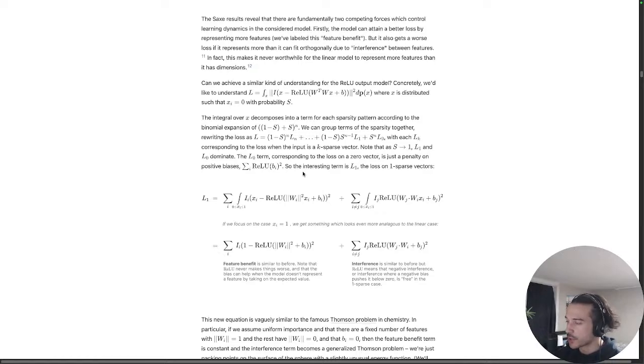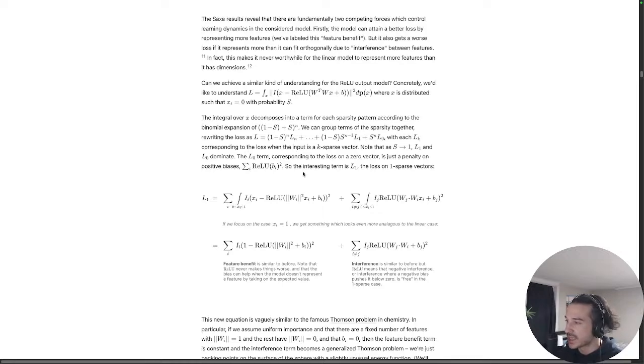We can group terms of the same sparsity together, rewriting the loss as L equals (1 minus s) to the power of n times L sub n, plus all the way up to (1 minus s) times s to the n minus 1 times L1, plus s to the n times L naught, with each L sub k corresponding to the loss when the input is a k-sparse vector.